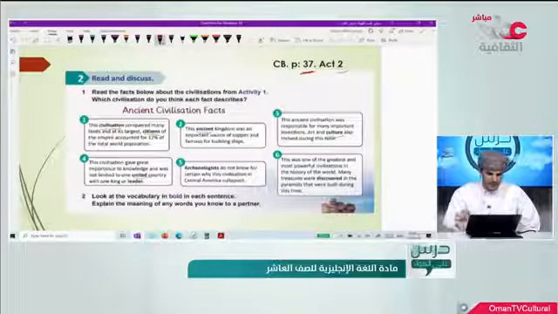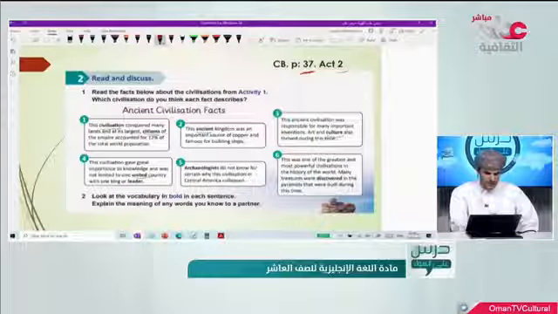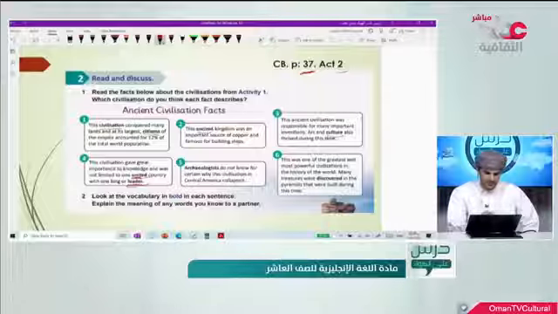Try to find out their meanings before I start. Number 4, this civilization gave great importance to knowledge and was not limited to one united country with one king or leader.